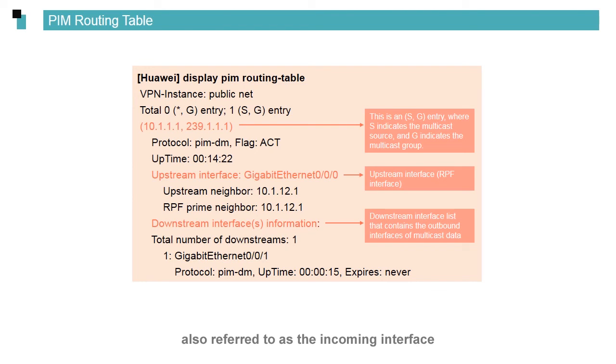A multicast routing entry also contains two more fields, of which the first is the upstream interface, also referred to as the incoming interface. This is an RPF interface, the interface pointing towards the multicast source. PIM performs an RPF check based on unicast routing entries, searches the unicast routing table for the route to the multicast source, in this case 10.1.1.1, and determines the outbound interface.